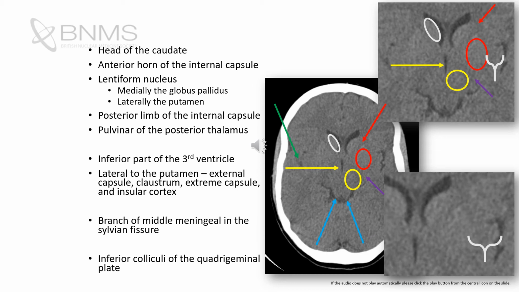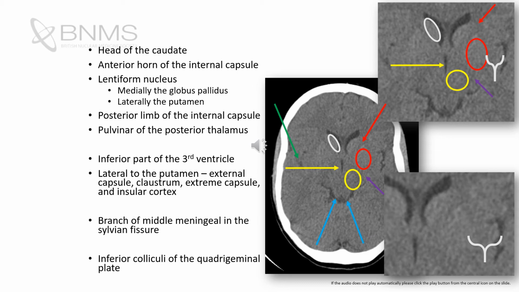The two red arrows indicate the position of the anterior horn of the left internal capsule. The anterior horn of the internal capsule lies between the head of the caudate nucleus and the lentiform nucleus, indicated by the red oval.